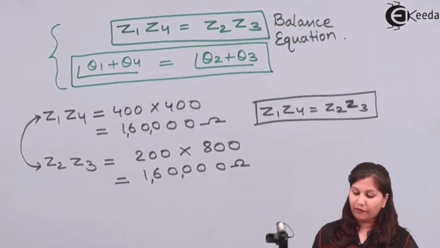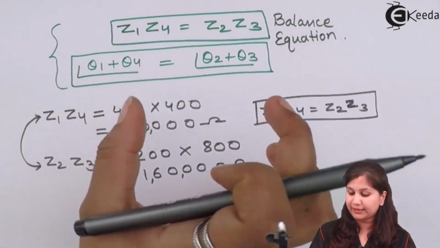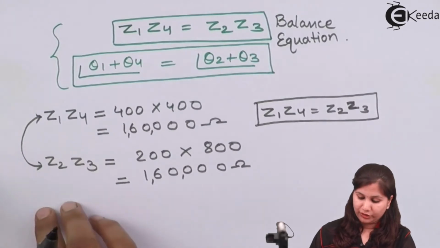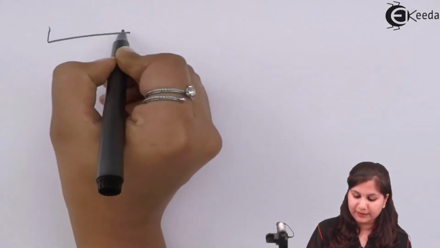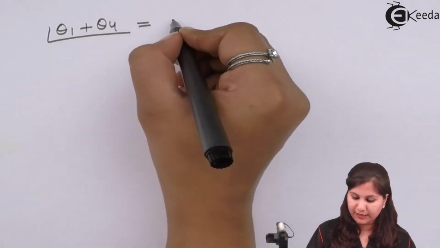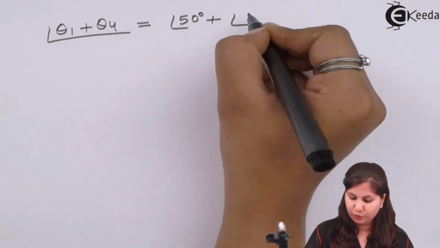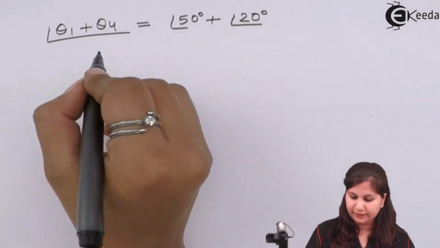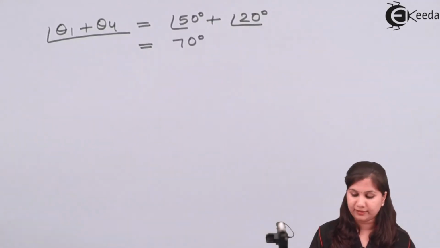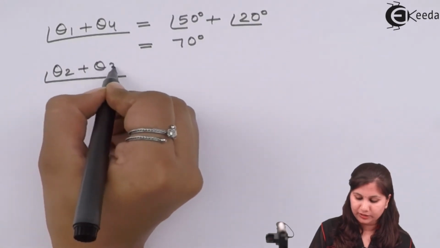Now we have to check the second equation also, because for a bridge to be balanced, both these equations have to be satisfied. So next is theta 1 plus theta 4. Theta 1 is given to us as 50 degrees and theta 4 is given as 20 degrees. So it is 70 degrees. The next is theta 2 plus theta 3.